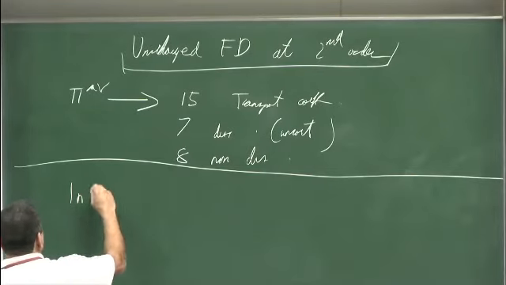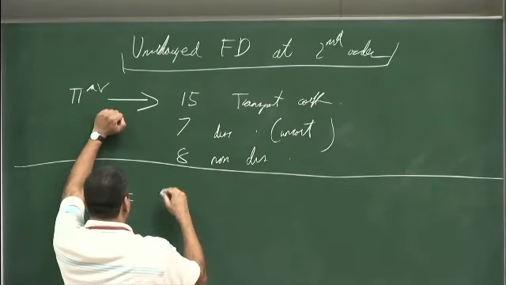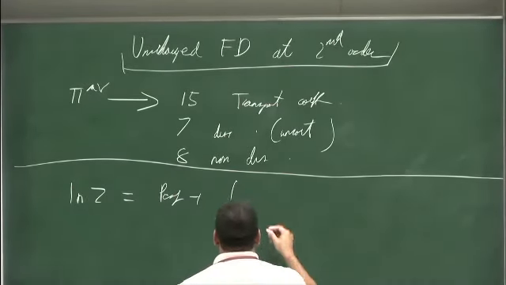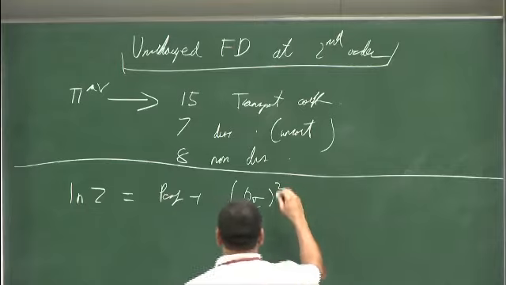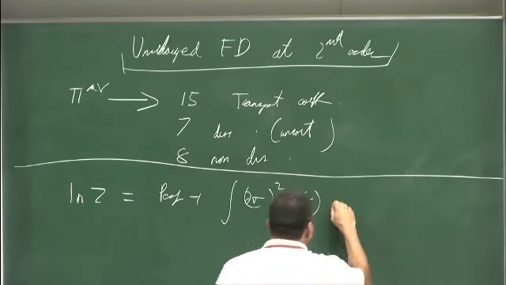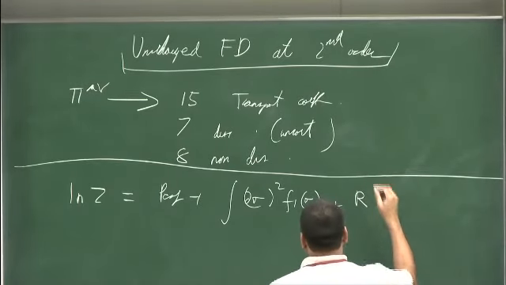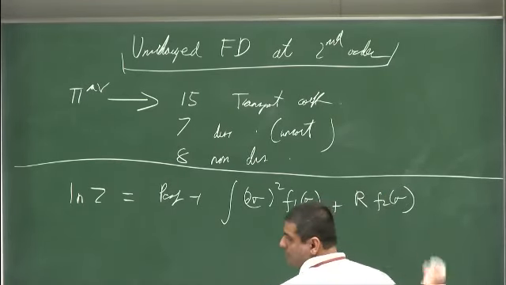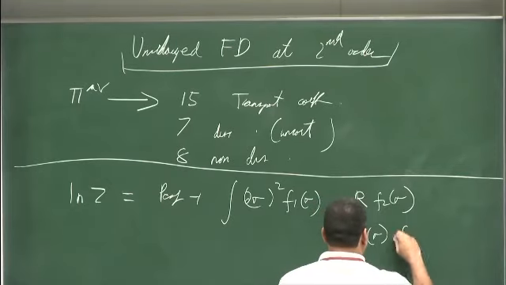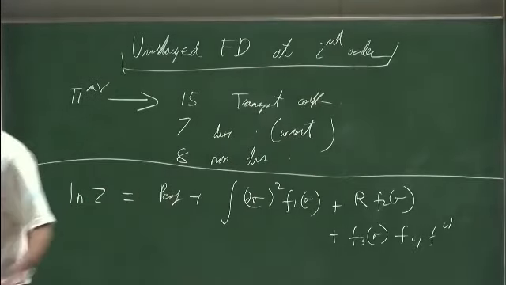It's easy to see that the most general log Z, just by symmetries, is the perfect part plus the second order correction, which is a term proportional to (del sigma) squared times f1 of sigma, plus a term proportional to the curvature times f2 of sigma, plus a term proportional to f3 of sigma times f_ij squared, where f_ij is the Kaluza-Klein field strength.